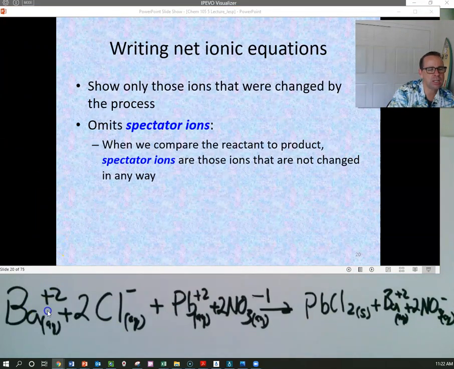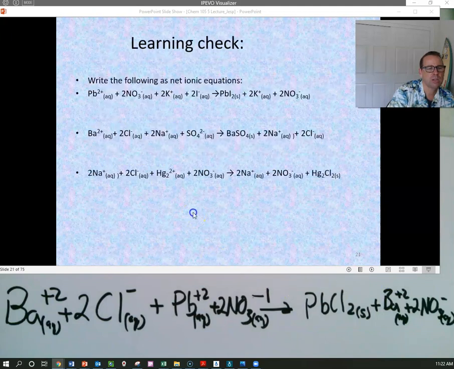It doesn't change from the left side of the equation to the right side of the equation, right? So if I have this equation here, can I find which ions don't perform any chemistry in the process? Or in other words, they're the same on the left side of the equation as the right. See any?